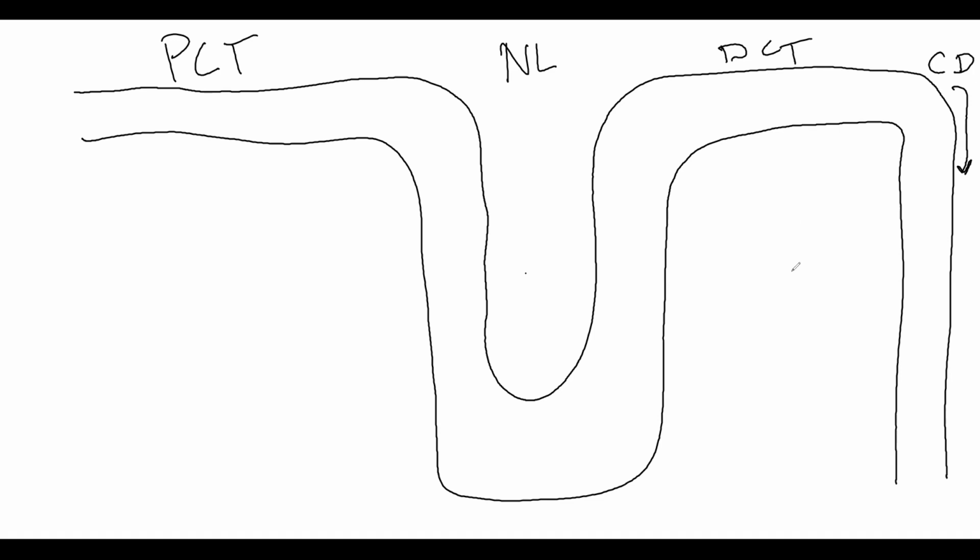What I want to first establish is that when we are looking in the kidney, right here, kind of across the top, about where this dotted line is, is the difference between the cortex of the kidney and the medulla of the kidney.